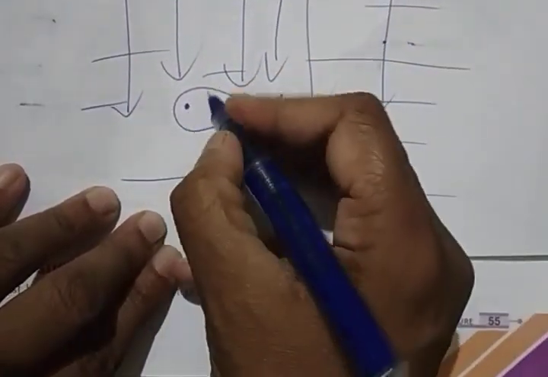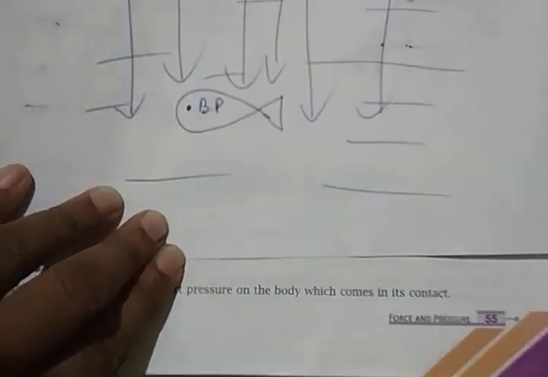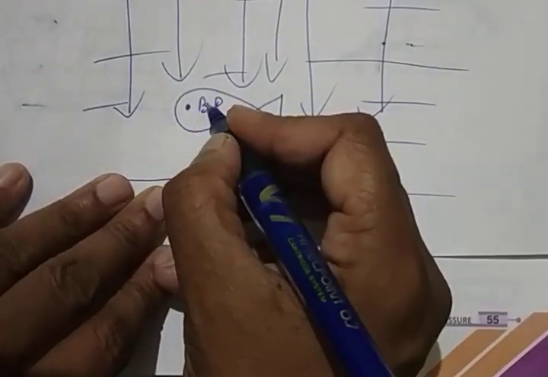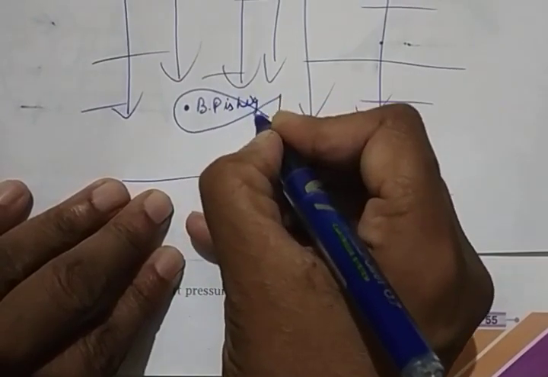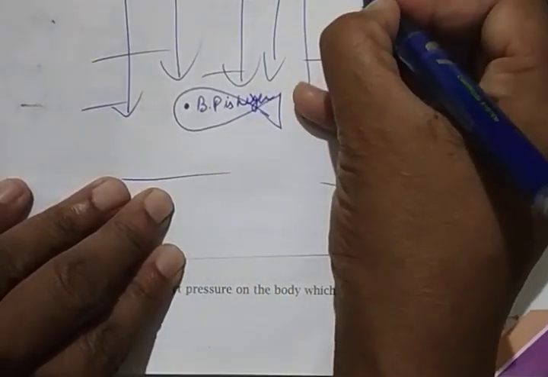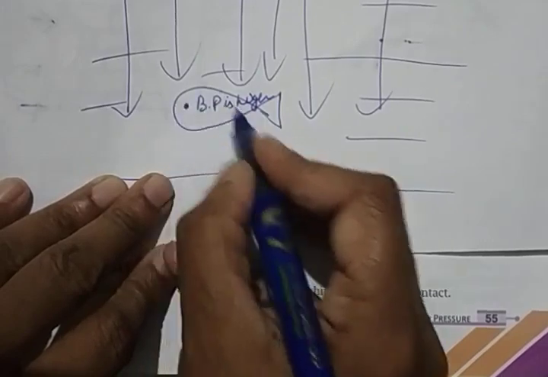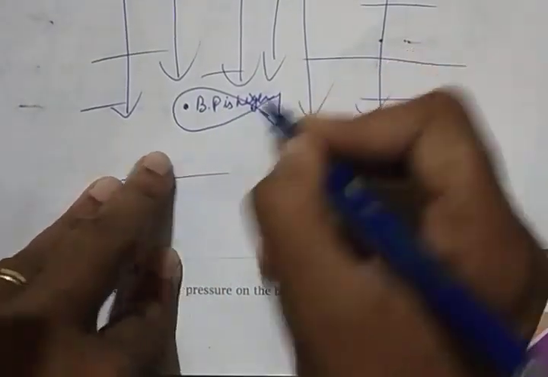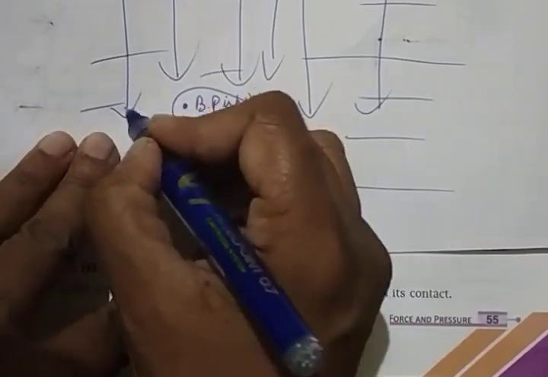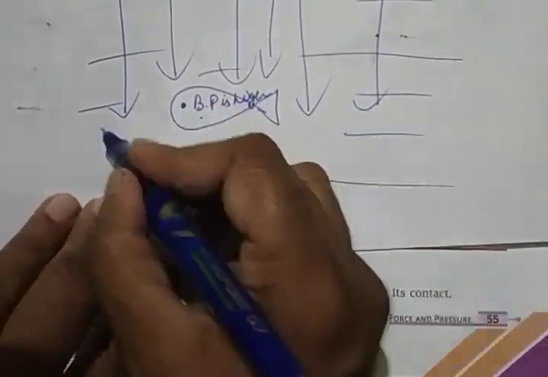So the pressure of their blood is high when compared to the other fishes at the top, so that they can withstand this and live in the deep seas.